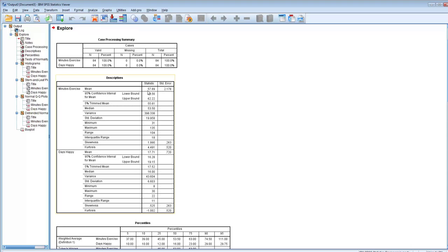We have a mean of 57.89 for the minutes exercised during a week, and we have a mean of 17.71 days. Now that's actually kind of funny because we don't have 17.71 days. This would be rounded up to 18 if the basic measurement unit was days.